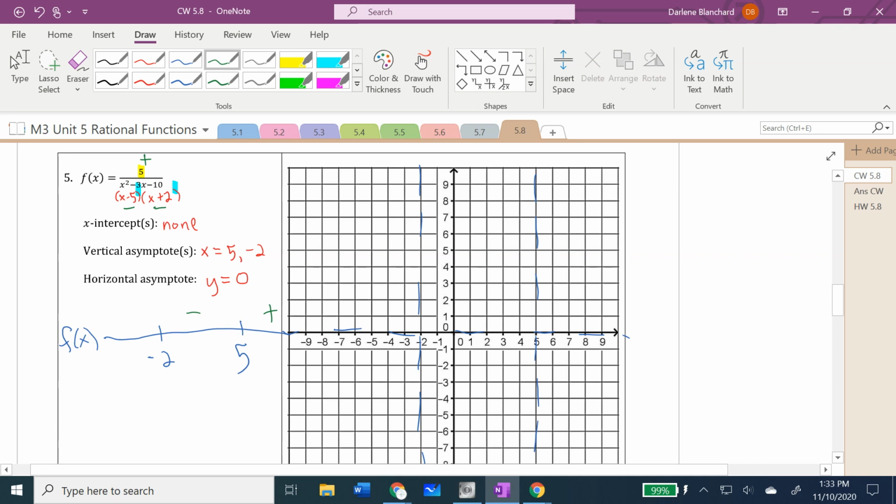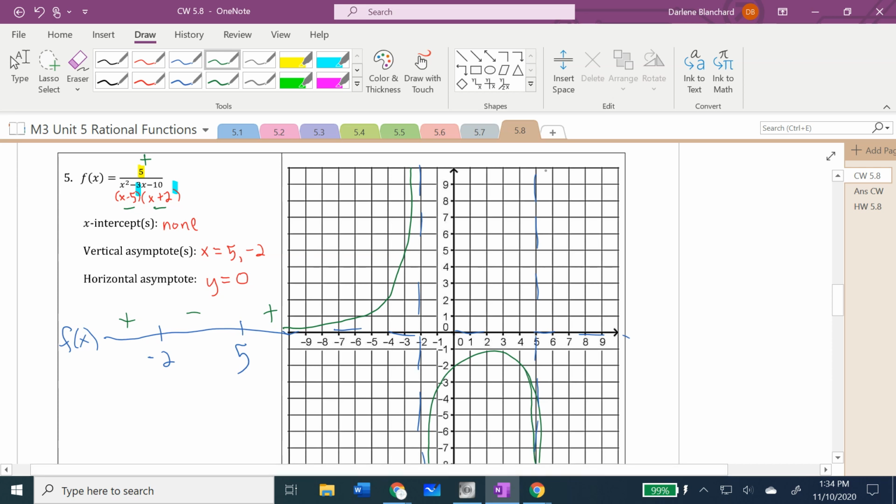And x minus 5 is still negative, and I get positive. So I have 3 sections. I am above the x-axis in the left section. In the middle section, I'm only underneath the x-axis.